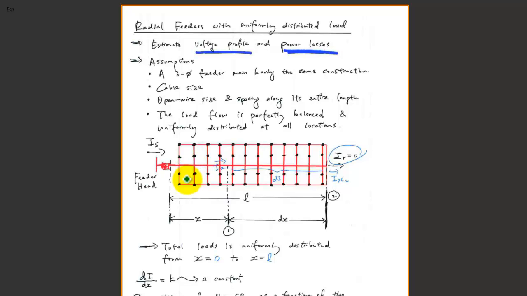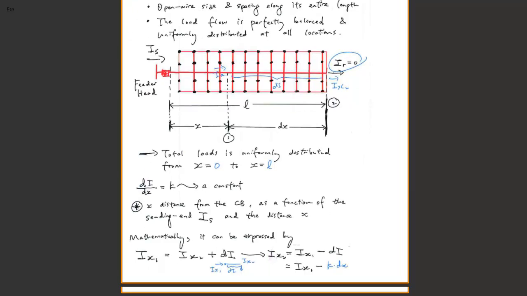Mathematically, you can write di over dx equal to k, which is a constant change of value. This is the slope if you plot the I versus x axis in the two-dimensional plane, the positive slope.